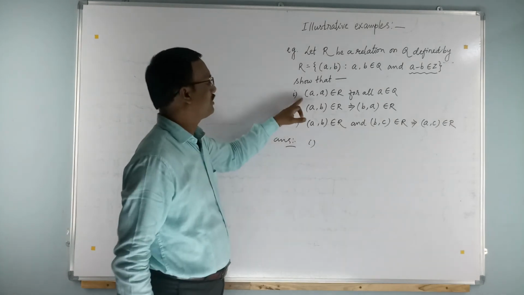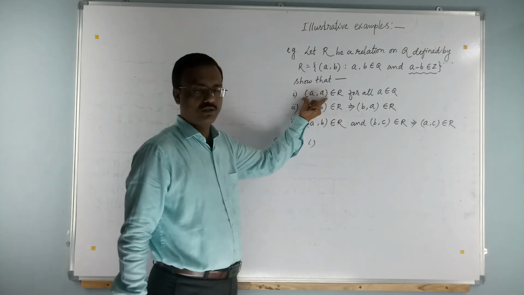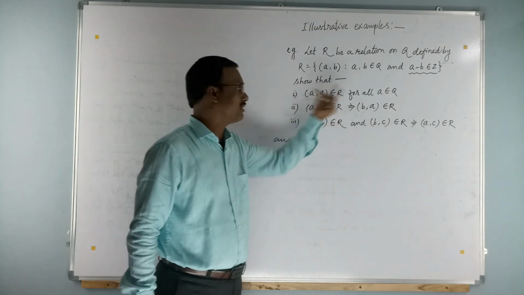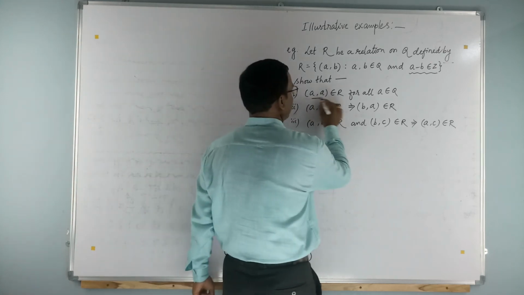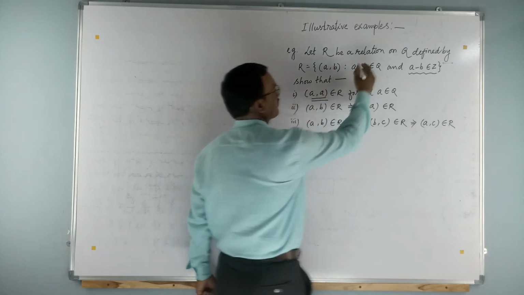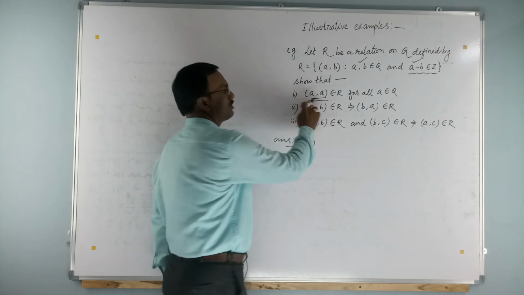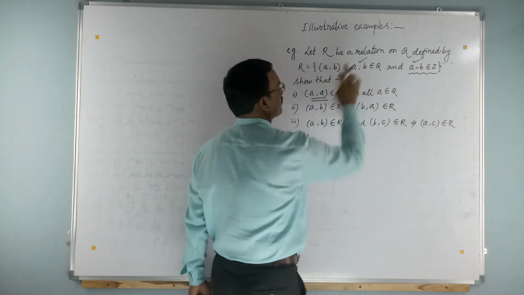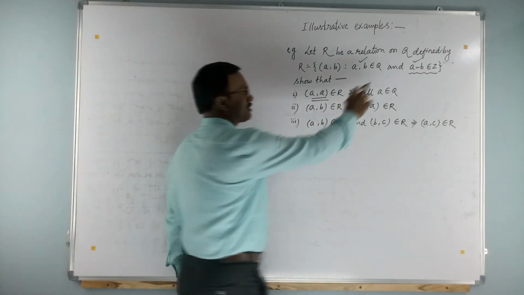So first we have to show that (a, a) belongs to R. Such a pair also has to be a part of the relation. We have to see whether these two elements a, a satisfy this condition and this condition. Yes, a, b belong to Q, so a, a also belongs to Q. What about the second condition?